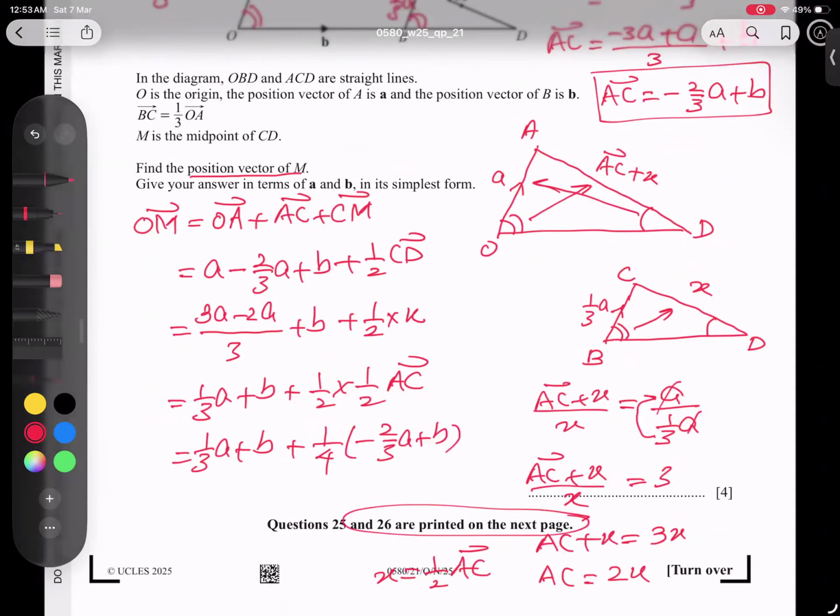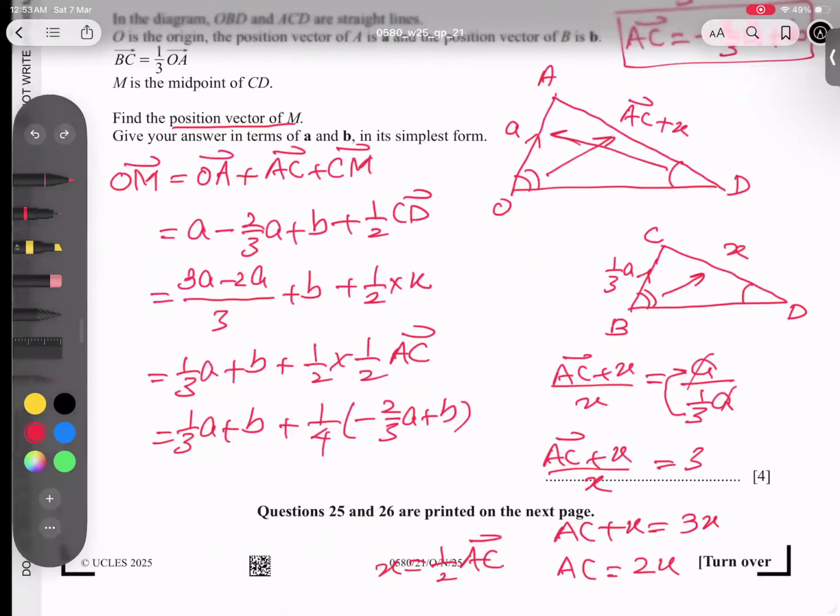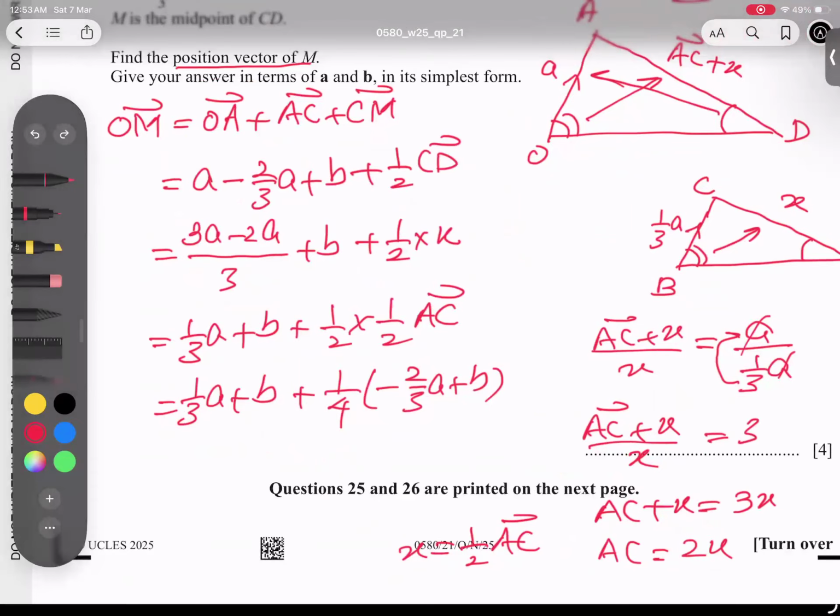Sorry, I need to go to the next page. Now 1 over 3a plus b and negative, this cancels out, or I can say a by 6, because 2 to the 3 cancel out. And I got a 1 over 4b. Now, students, what to do afterwards? There are two ways.